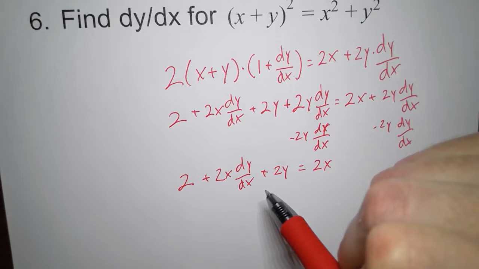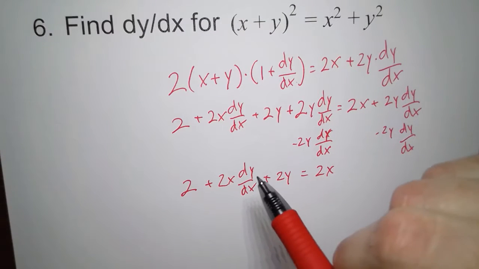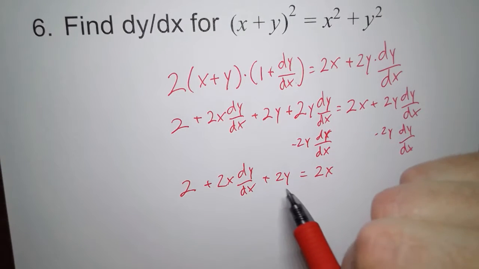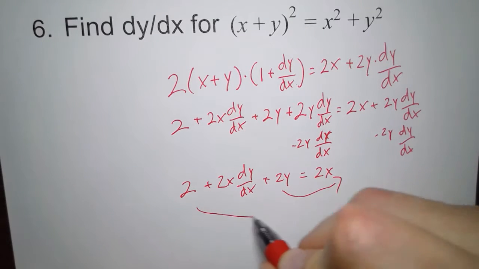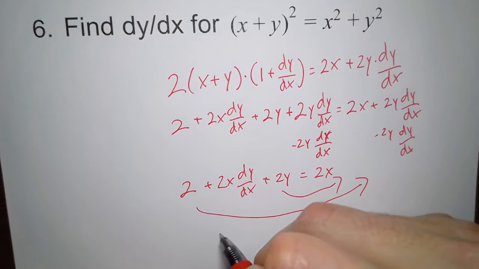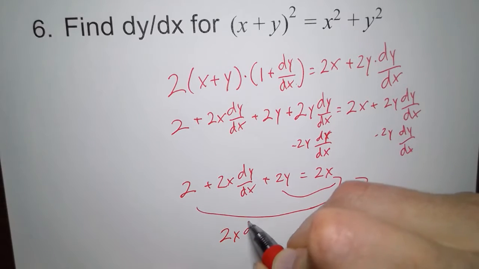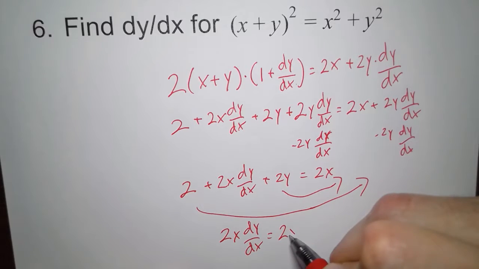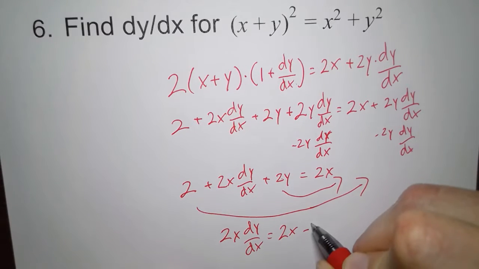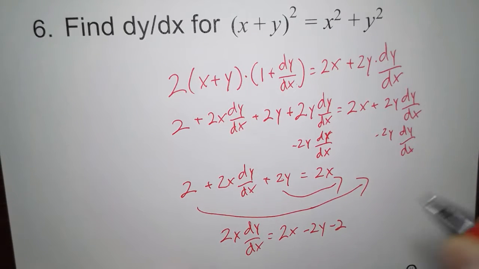Okay, we can handle this. So everything that does not have a dy/dx, that's going over to the right side. So that's 2y and 2. Those are getting subtracted over. So 2x dy/dx is going to equal 2x, which was there originally, and then we subtract the 2y and subtract the 2.